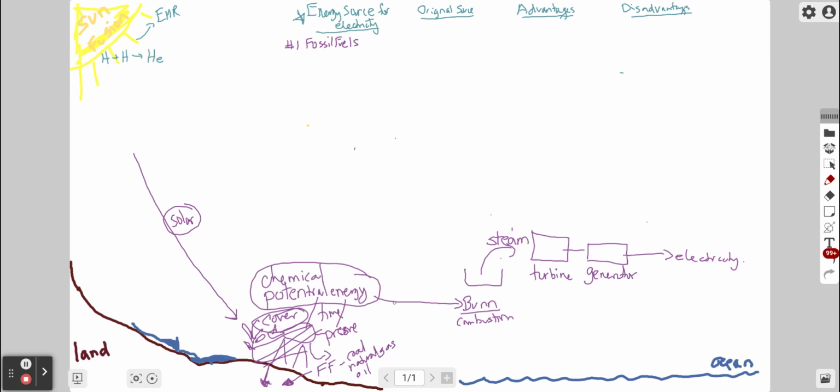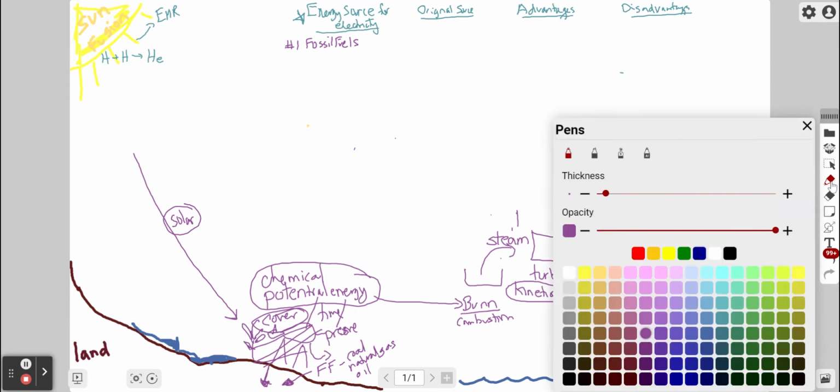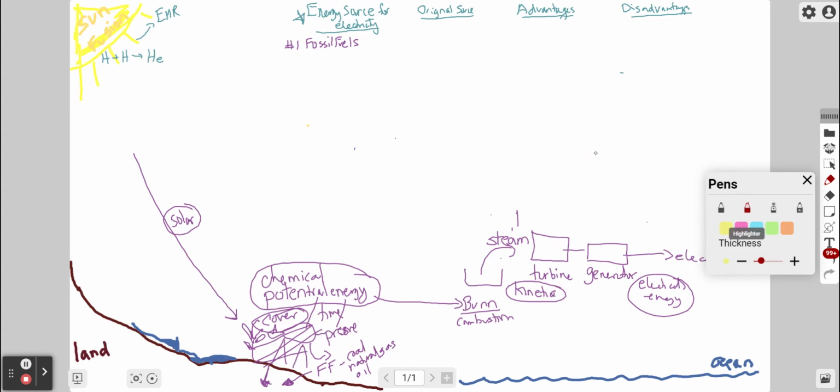So that chemical potential energy is released as steam to turn the turbine, and this is the kinetic energy here because things are moving, right? The turbine is moving, the steam is moving. Then we have our generator turning it to electrical energy here. I'm drawing this pretty big because this is used quite a few times, right? A lot of our different energy sources use this same deal.